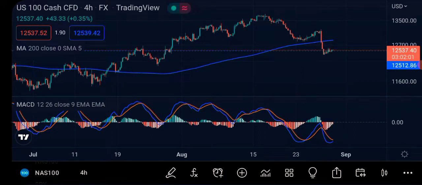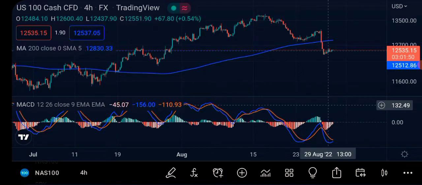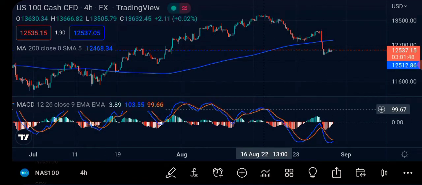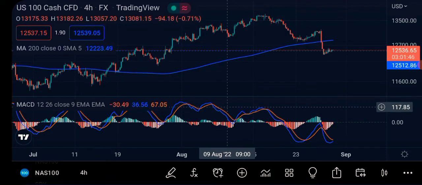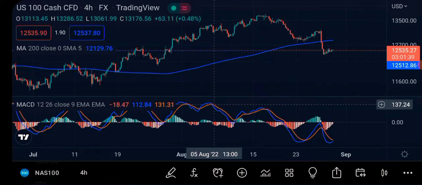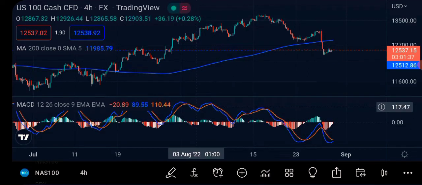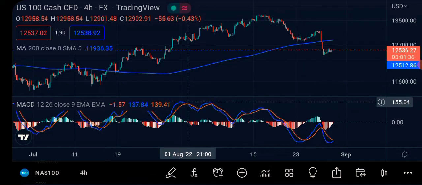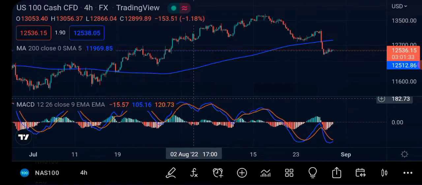But whenever it crosses above the zero level, that's on top, points like this, points like this, you can see it's happened above the zero level, it means the market would go on an uptrend.